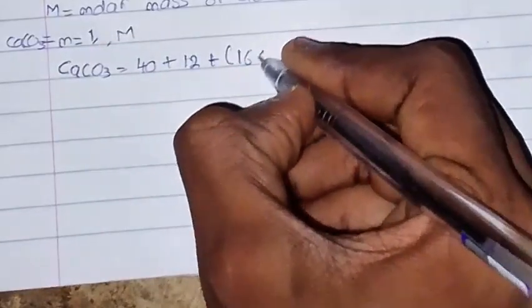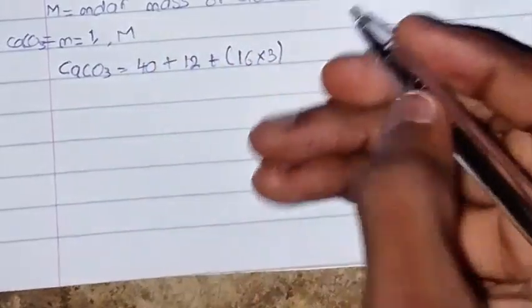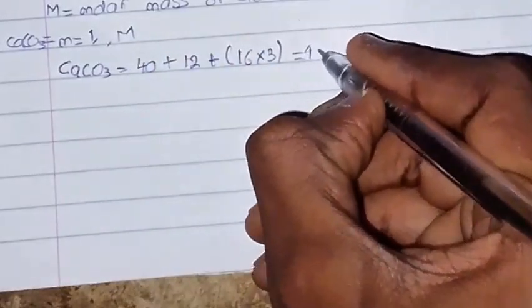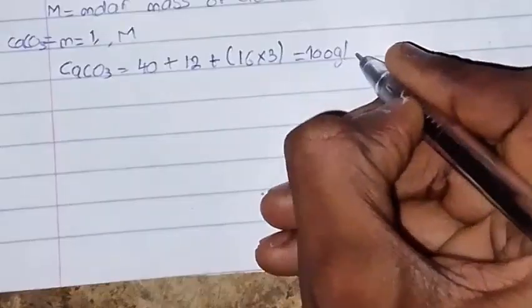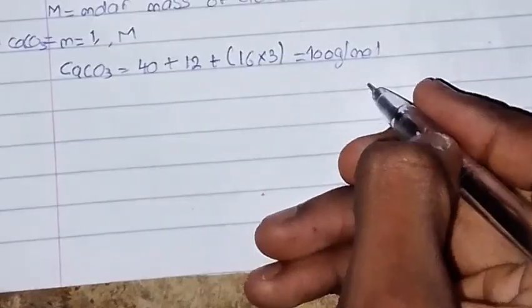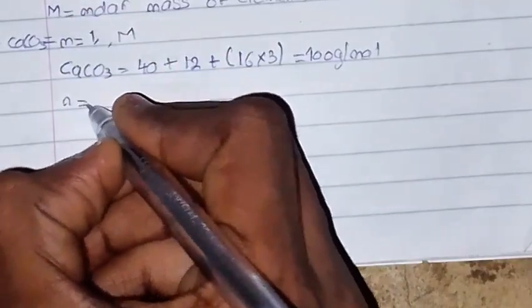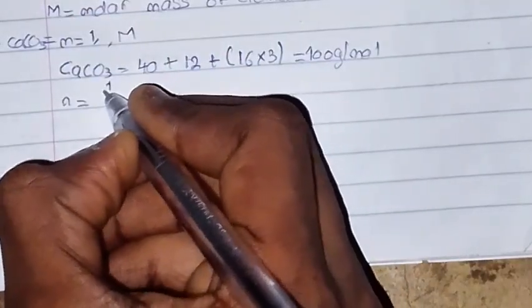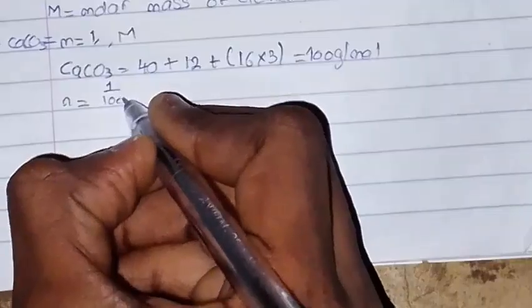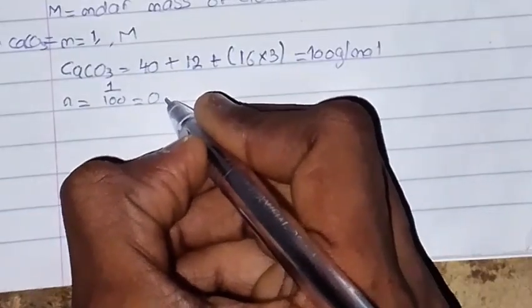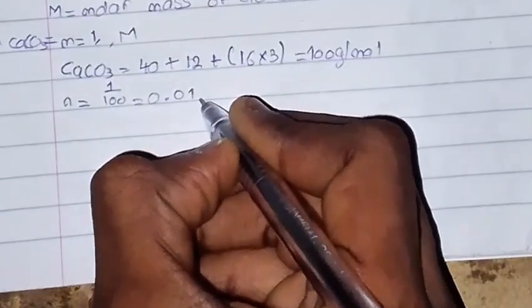So that gives us 16 times 3. Of course, if you add everything together in your calculator, you're going to get 100 gram per mole as the molar mass of calcium carbonate. And then the given mass was 1. So we now have number of moles to be 1 divided by 100, which will give you 0.01 mole.